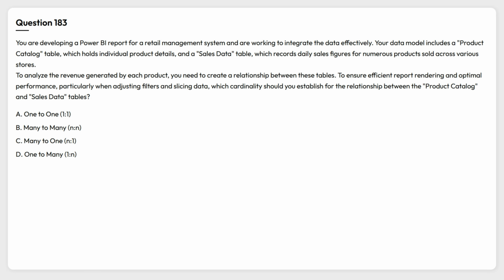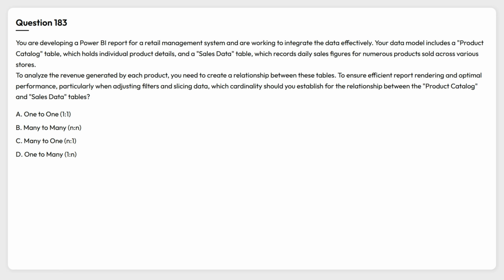Question number 183. You are developing a Power BI report for a retail management system and are working to integrate the data effectively. Your data model includes a product catalog table, which holds individual product details, and a sales data table, which records daily sales figures for numerous products sold across various stores.